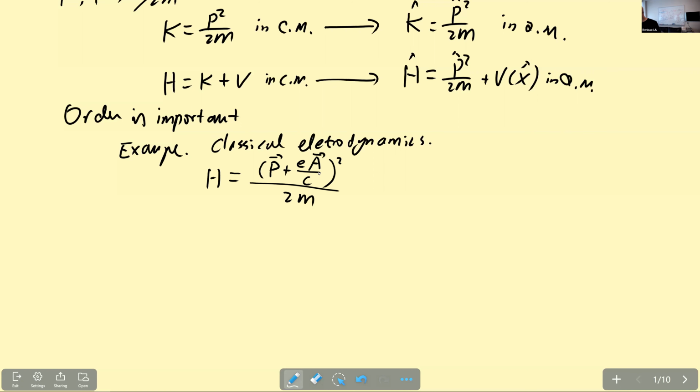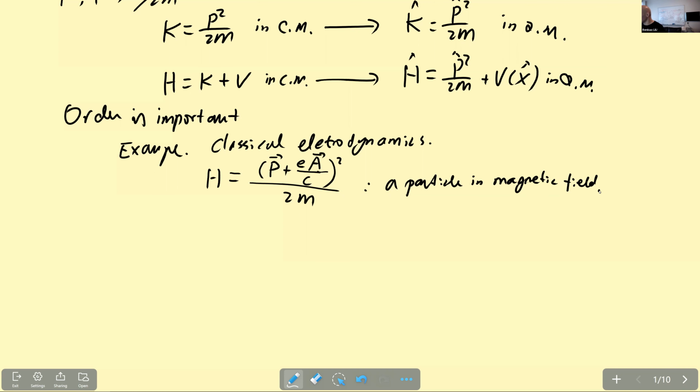This is actually a particle in the magnetic field. So that's the Hamiltonian for a particle in the magnetic field.